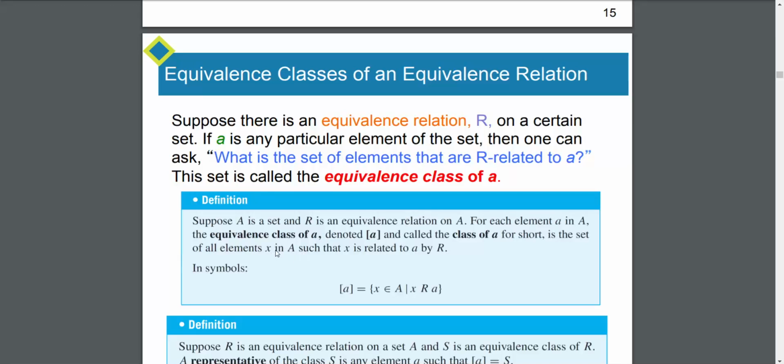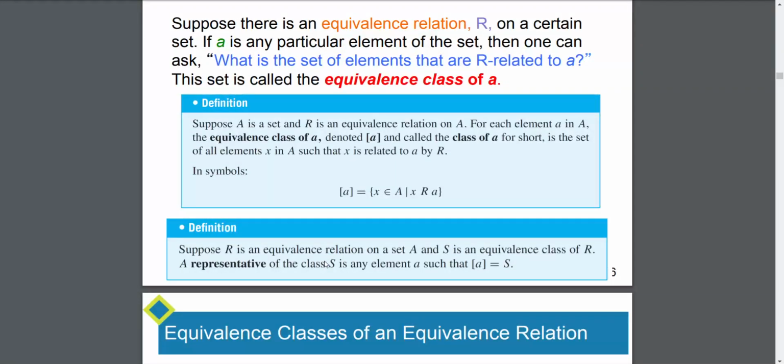So the equivalence class consists of the elements X that belong to A such that X is related to A by this relationship. In this case, instead of saying the class of A, it's saying the class of S, the equivalence class of R.